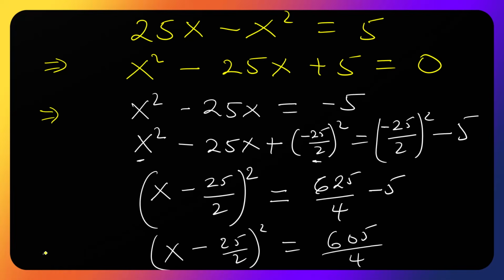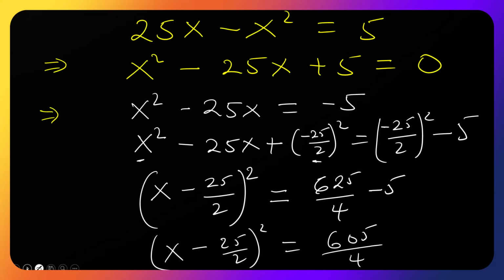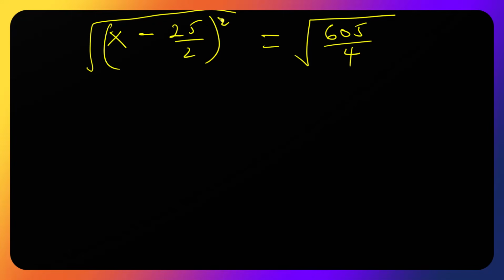Okay, so the next thing is to remove this part here. So we take the square root on both sides. So that is x minus 25 on 2 all squared, take the square root, and the square root of 605 on 4. All right. Now from here, this one will cancel this.